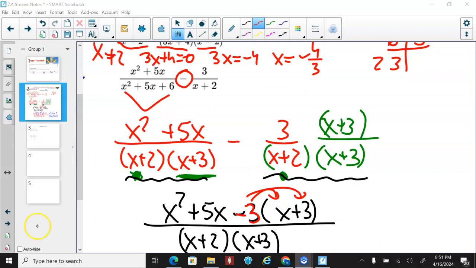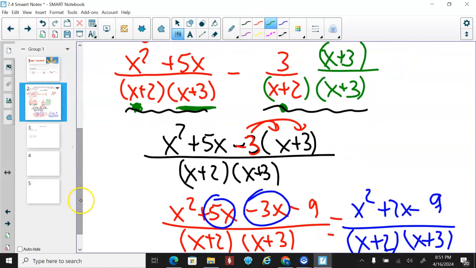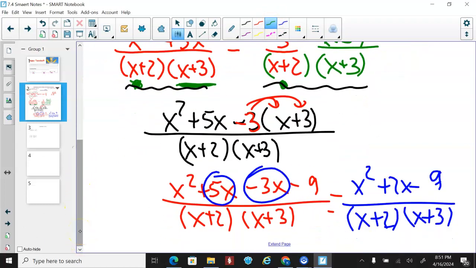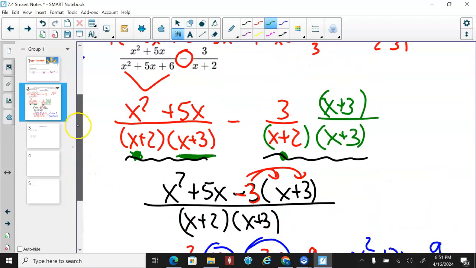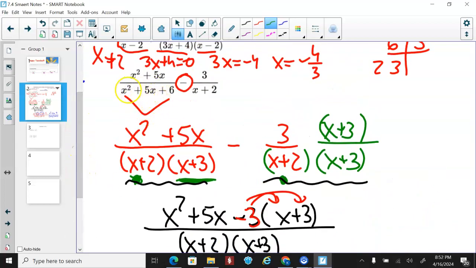Now the same thing here. Okay, let's make sure that we're looking at the bottom here. Let's make sure that this function x squared plus 5x plus 6, it was x plus 2 and x plus 3. So x plus 2 equals 0, x cannot equal negative 2, I'm sorry, and x cannot equal negative 3, okay?